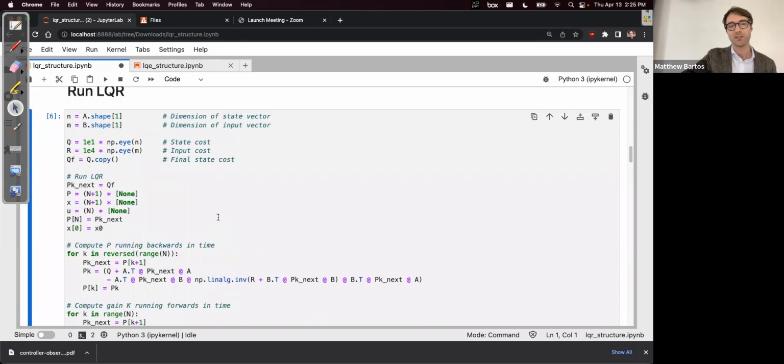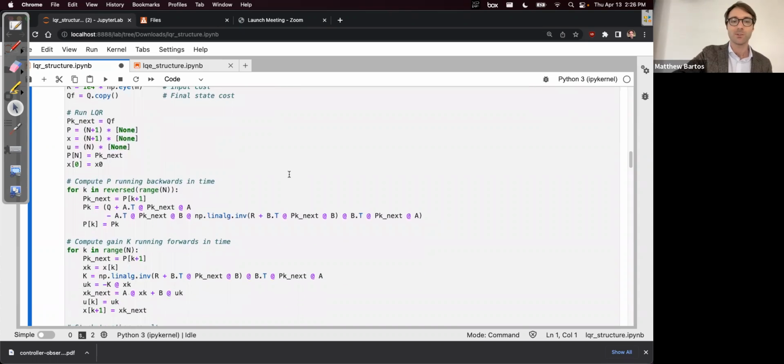There's two important things to note here. I've defined the state cost matrix and the input cost matrix. And for this particular example, the input cost is about 1,000 times the state cost. And I'm also using a B matrix that gives us a controller on each floor.